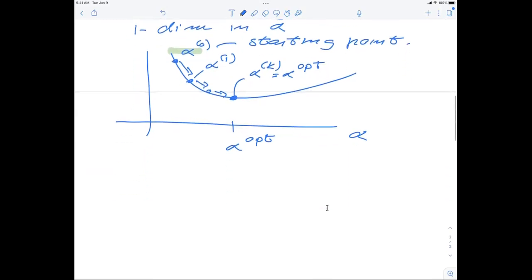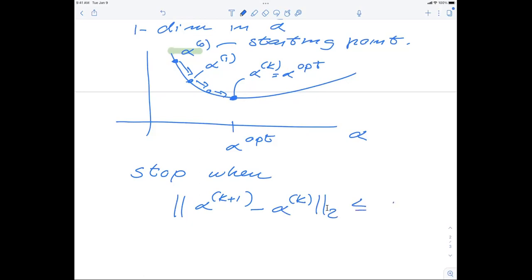You would typically stop this iterative process when the norm 2 of alpha of k plus 1 minus alpha of k is less than some given number delta.